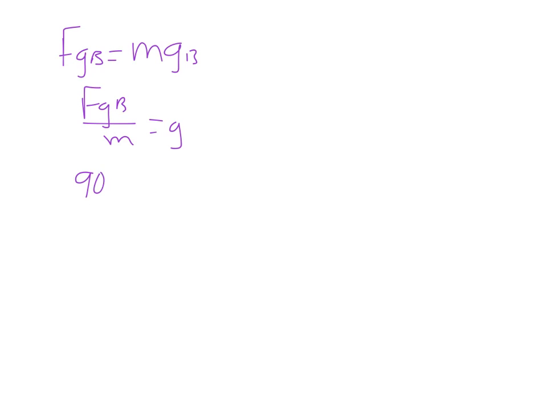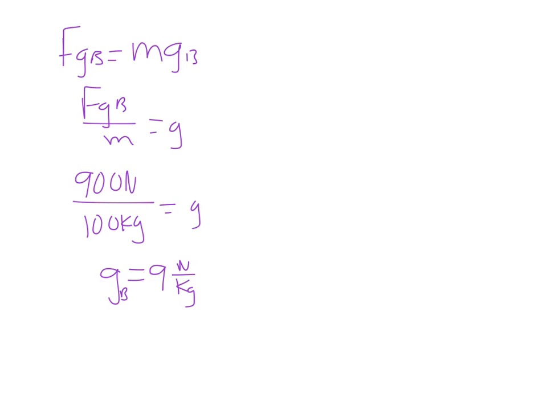So this is 900 newtons divided by 100 kilograms. So at the top of the mountain, g has changed to 9 newtons per kilogram. Now we know what the g at point B is, and we know what the mass is. Let's see how this all relates to gravitational attraction to figure out what this height is.